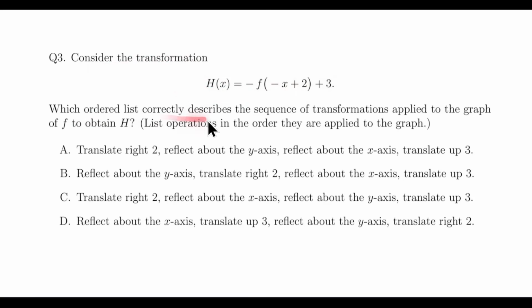Which ordered list correctly describes the sequence of transformations applied to the graph of f to obtain h? List operations in the order they are applied to the graph. The order is really important because I'm looking for the correct order. It's not like I can list out the transformations in any order that I want.